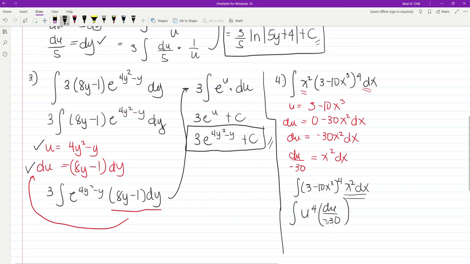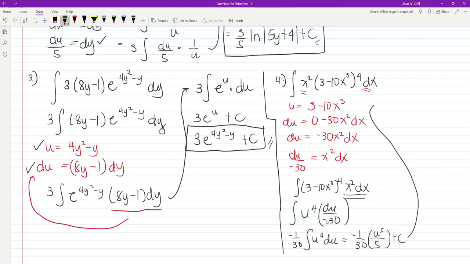Okay, and again, the rule is we can factor this outside, negative 1 all over 30, and then we have u raised to 4 du, and this is power rule. So we have negative 1 all over 30, and then we have u raised to 5 all over 5 plus c. And again, if we simplify this, negative 1 all over 30 times 5, that's negative 1 all over 150.